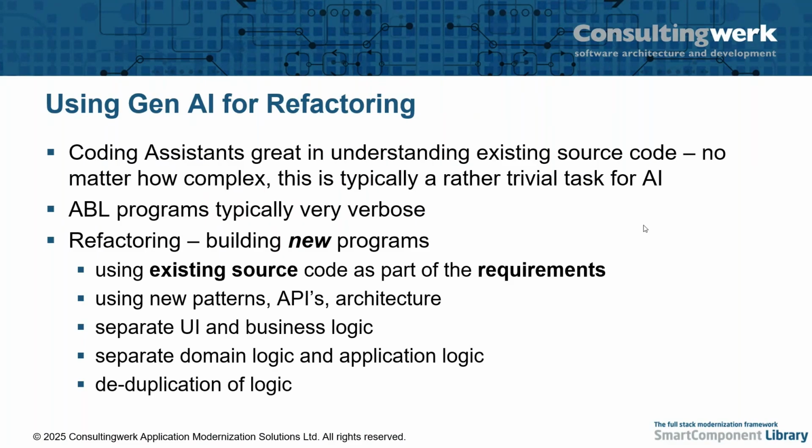And then we have new patterns, new APIs, a new architecture that we somehow need to explain to the AI coding agents. The existing code of the framework is part of that, but we also just document that. And the nice thing is this documentation all happens in natural language, or human language.